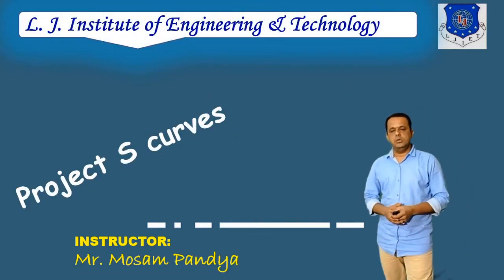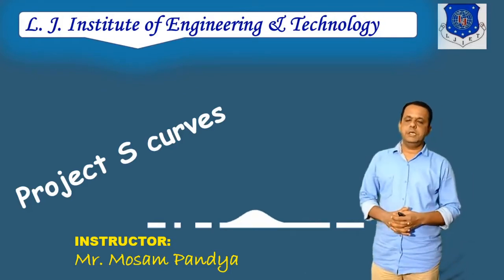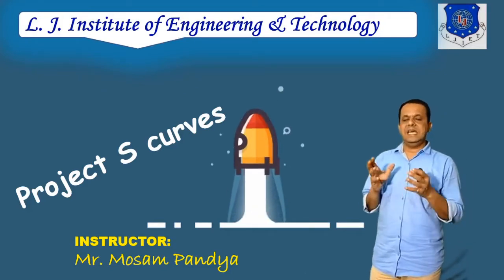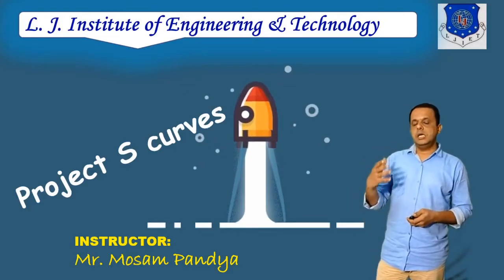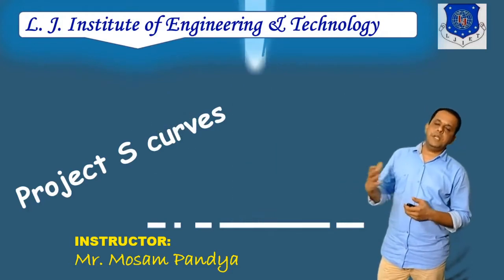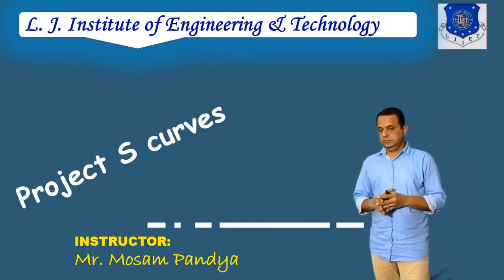Today we will be talking about a very specific term in project management that is known as S-curve, project S-curve. Here we say curves means obviously it is some graphical presentation of the data.